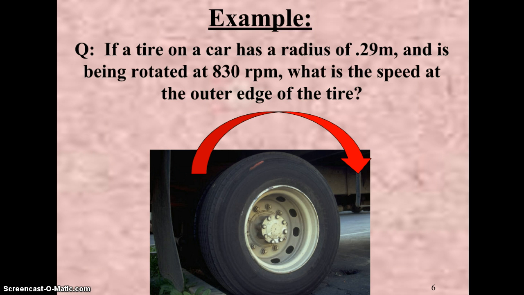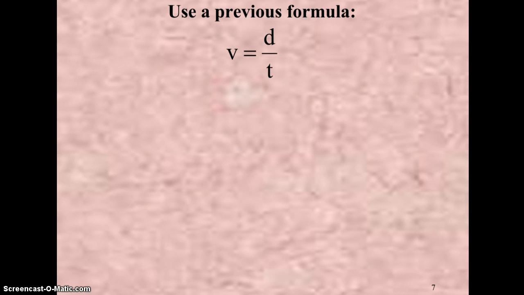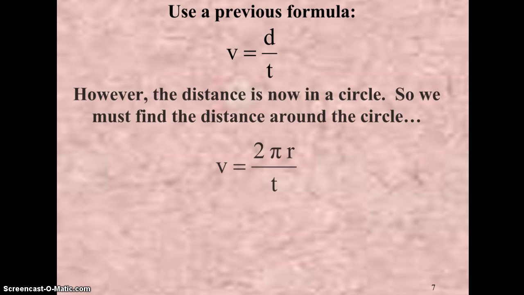An example of this, of how fast the edge of the tire would be, is the problem here. It has a radius of 0.29 meters and is rotated at 830 RPM. Then what is the speed at the outer edge of the tire? Well, we could use our previous formula, velocity is equal to distance divided by time, but we have to change it up a little bit because the distance is no longer a straight line.